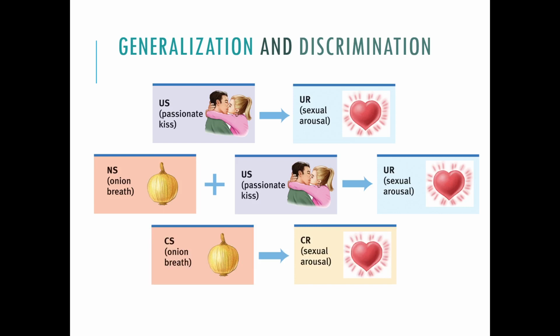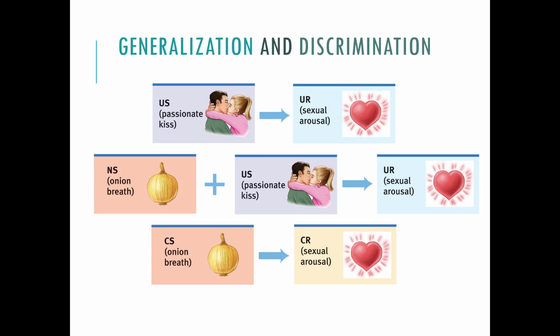If you've ever asked a person who dates someone who smokes, doesn't it bother you that their breath tastes like an ashtray? And that's always the common question, isn't it? And it's like, have you licked ashtrays? But I think what they mean is what it smells like. But the thing is, what you're forgetting is classical conditioning, that cigarette breath can actually become a conditioned stimulus for sexual arousal.